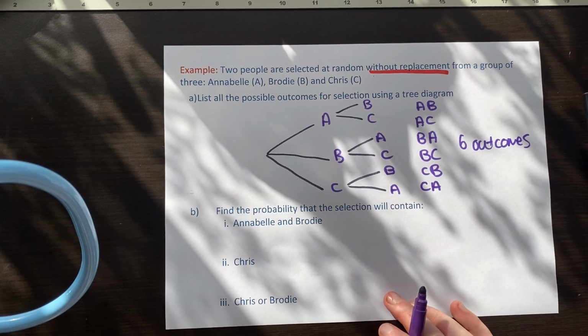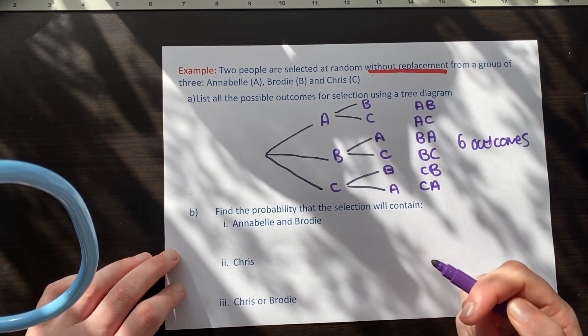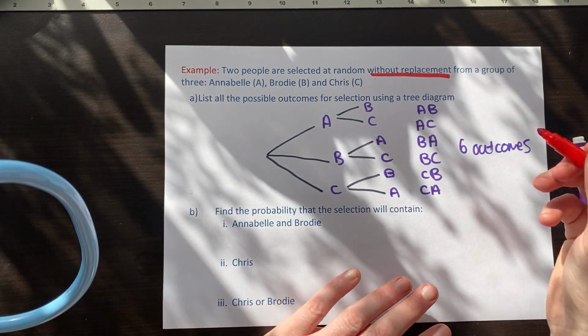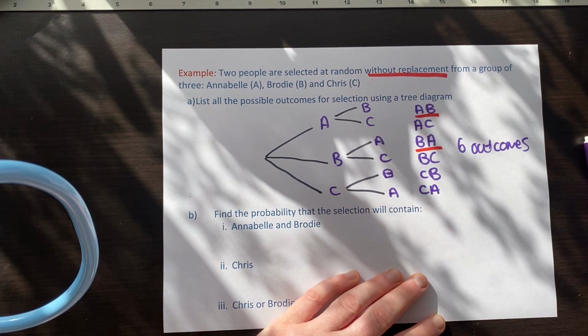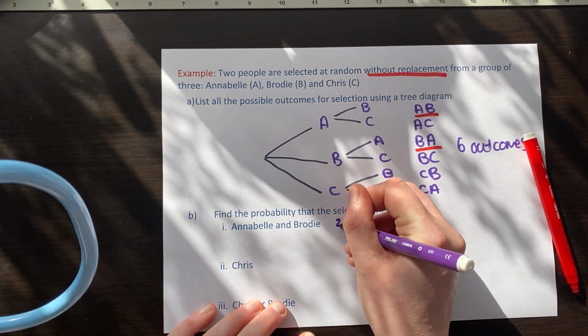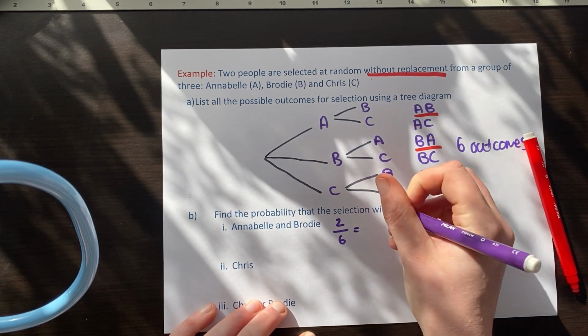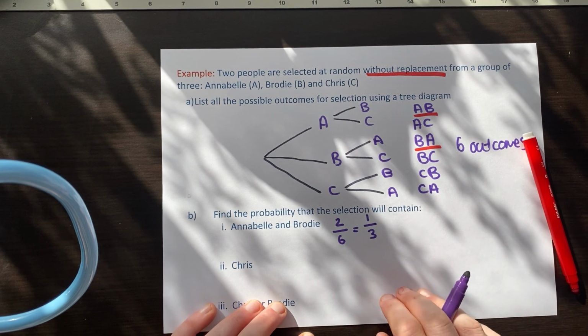Find the probability that this selection will contain Annabelle and Brody. How many have we got with Annabelle and Brody in them? Our first outcome, and there. So we've got 2 with Annabelle and Brody, so we're going to have 2 over 6, and this can be simplified down to 1/3 by halving both numbers.